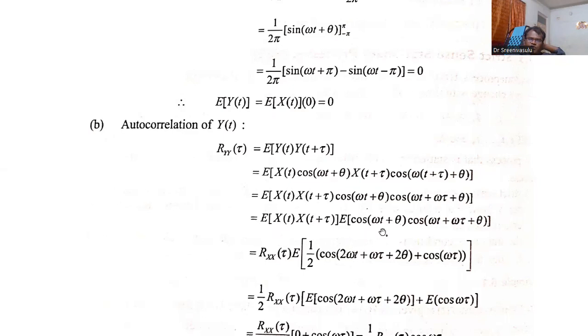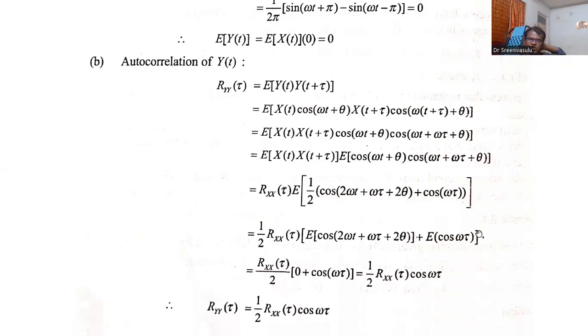Now, it is of the form cos A cos B, which equals half of cos(A + B) plus cos(A − B). Substituting that formula, we distribute the expected value. The first term is a cos signal, and when we calculate the expected value of this signal, the area under a cos or sine is always 0.